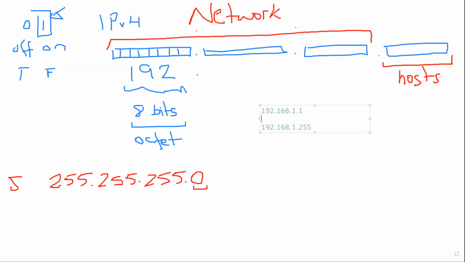And anything in between will start 192.168.1 and be assigned a number, be it 2, 3, 5, 25, 150, 215, whatever it is. The only thing that changes is this last number.